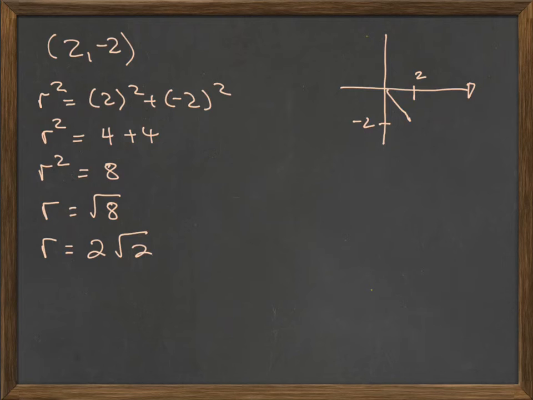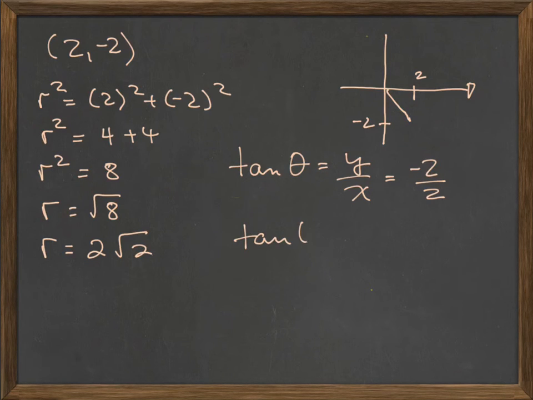Okay, let's find the angle. So tangent theta equals y over x, which is negative 2 over 2. So tangent theta is negative 1. So now for which angle? We have to take the inverse tangent of negative 1.